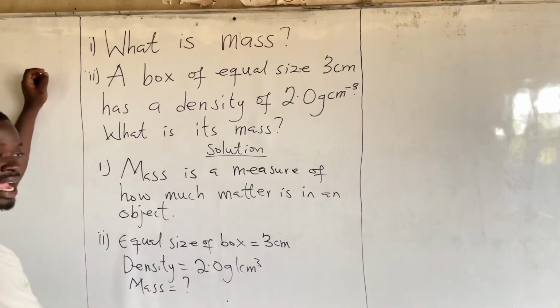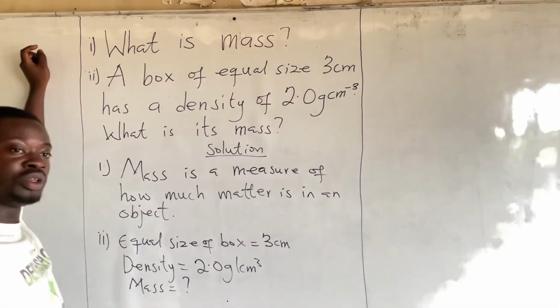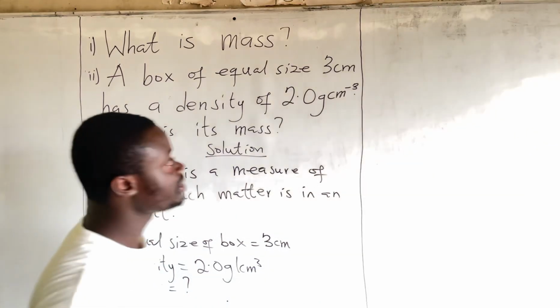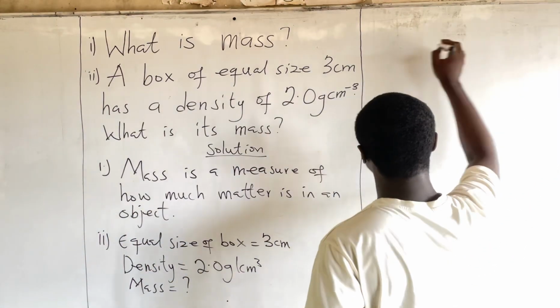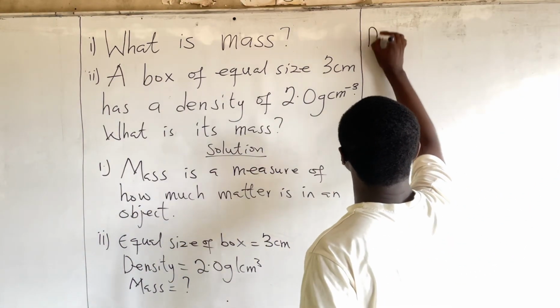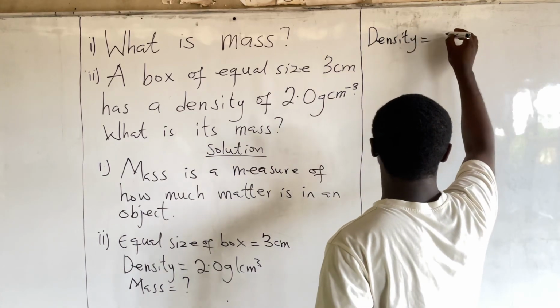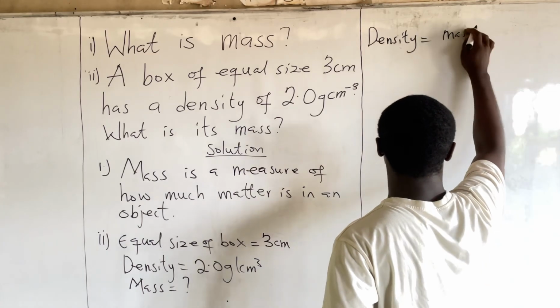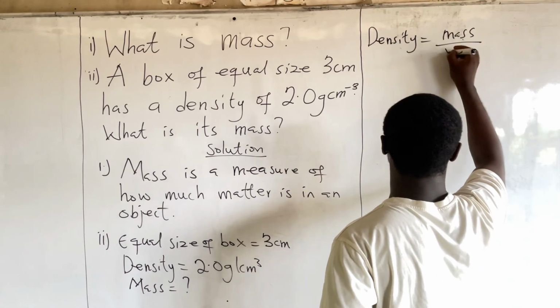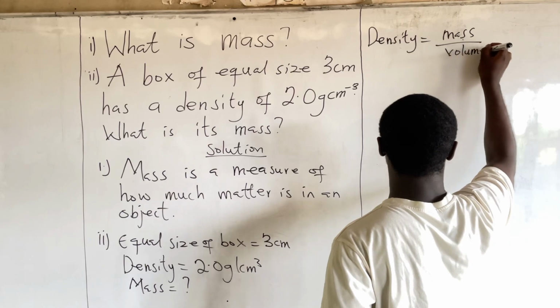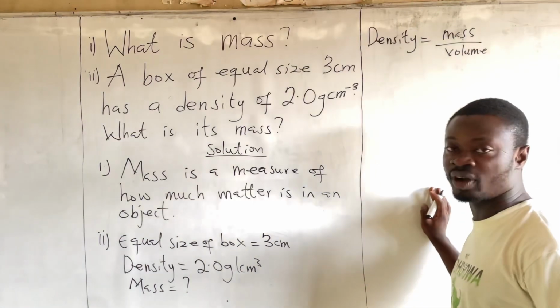So from the information gathered here, the formula we can use to calculate mass is, so we can say density equals mass over volume. Yes, we know that density equals mass over volume.